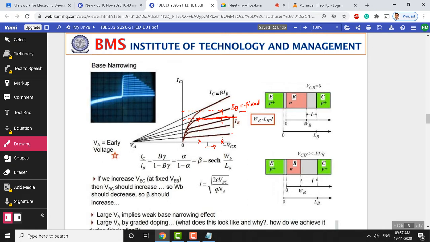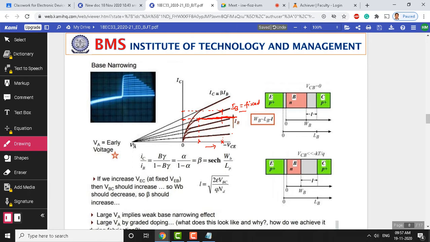Now, you can observe here the change in VC will not affect this collector current. Whenever we have a slope, the change in collector emitter voltage will affect the collector current. But for a device having slope 0, that is a straight line, the change in collector emitter voltage does not affect the collector current, you will have a fixed collector current because the slope is going to be 0.